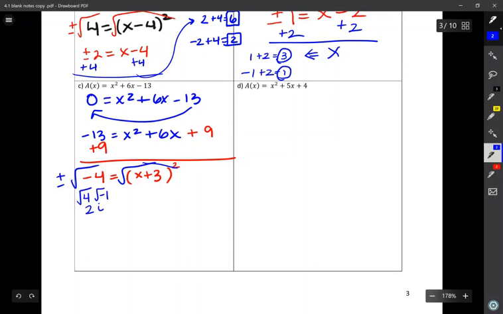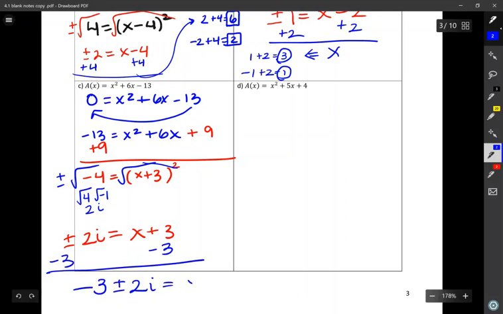Or you could probably just write 2i. Finish up the problem, subtract 3 from both sides. So your answer is negative 3 plus or minus 2i.